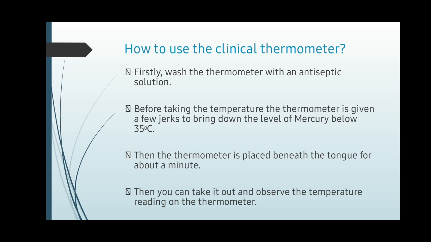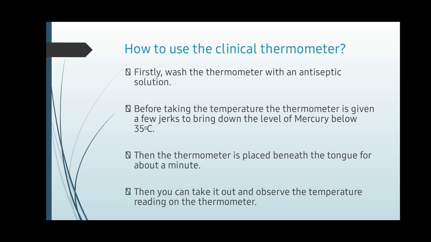Next, how to use the clinical thermometer. Firstly, wash the thermometer with an antiseptic solution. Before and after using it, we have to wash it. Before taking the temperature, the thermometer is given a few jerks to bring down the level of mercury below 35 degrees Celsius.